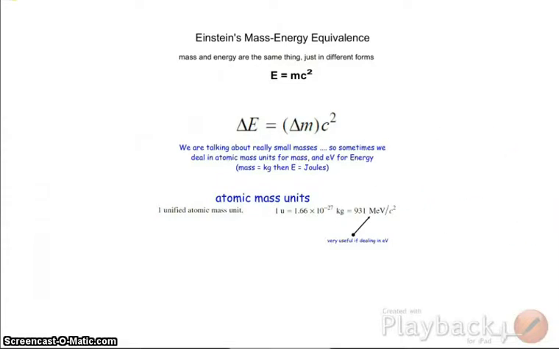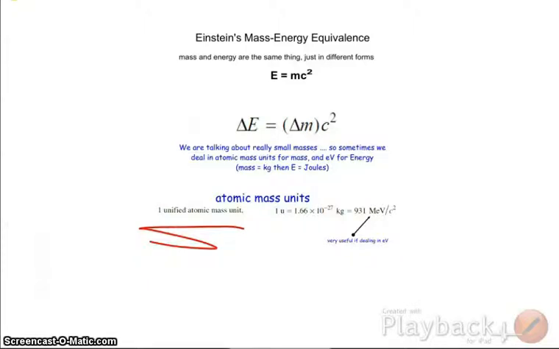So we deal with a lot of atomic mass units. An atomic mass unit has a conversion of 1.66 times 10 to the negative 27th kilograms. That's one atomic mass unit. Now you can also use this whole E equals mc squared and get one atomic mass unit in electron volts, or in this case mega electron volts, which is very useful, especially if the answer is asking you for the value in electron volts or mega electron volts.